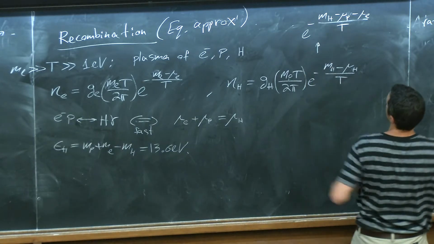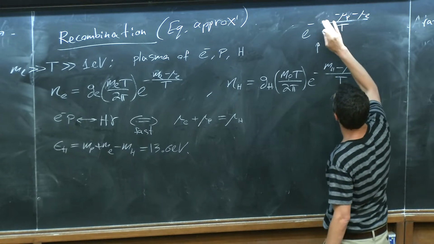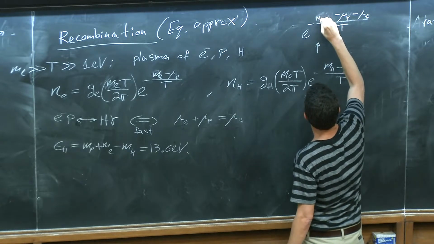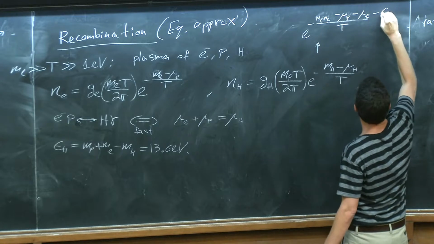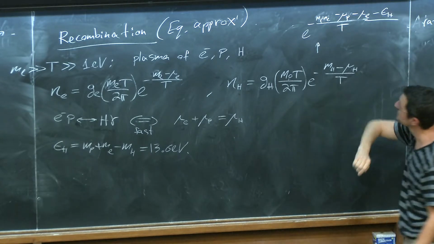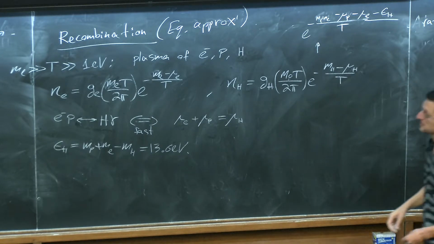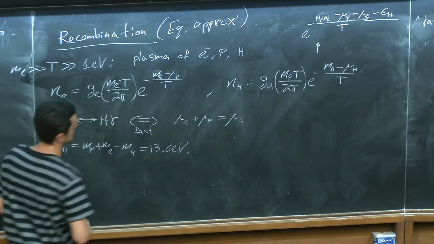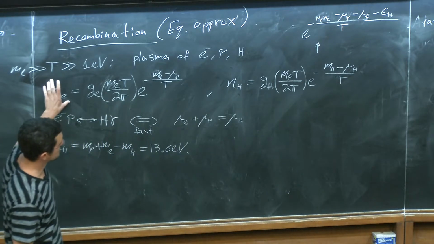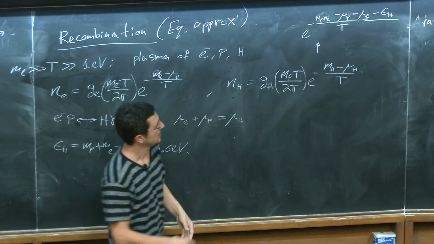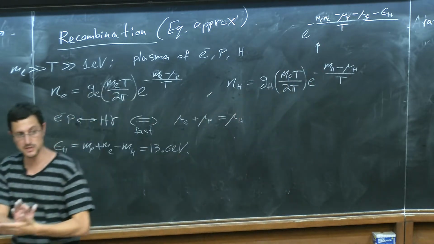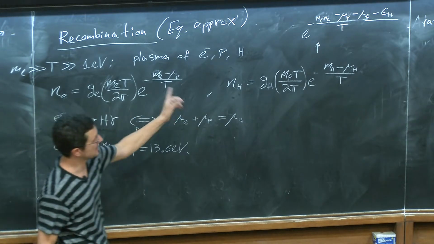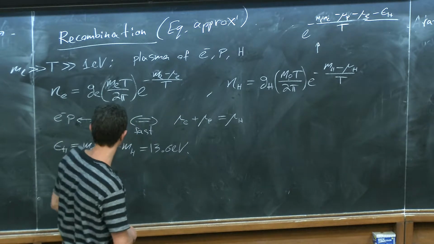So I can also replace this m_H by m_P plus m_E minus E_H, okay? So I have an expression for e, similar expression for p, and an expression for H, and the exponential parts in these expressions are related. And if I take products of these expressions, I'm going to get the same exponential up to the binding energy.